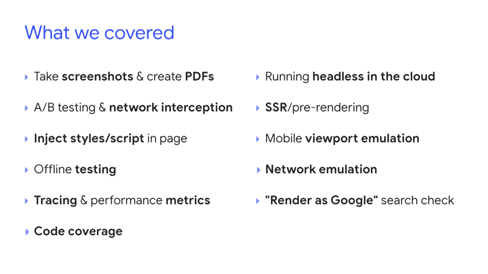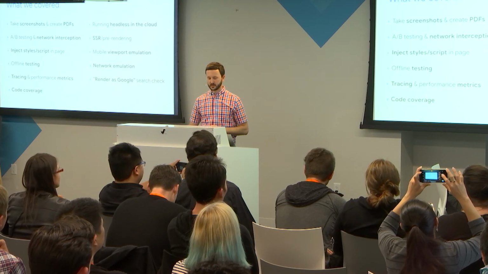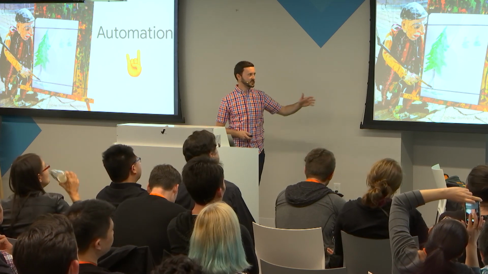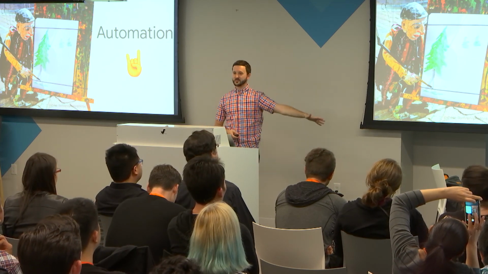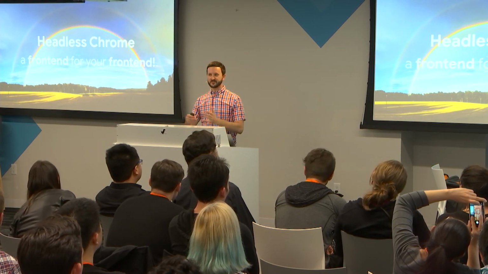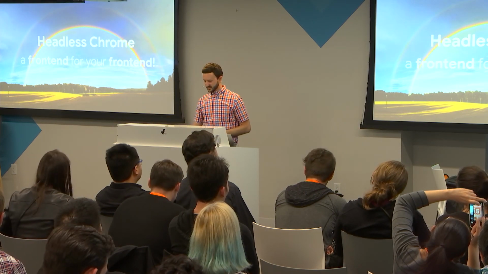Headless Chrome in the cloud, server-side rendering your single-page applications using Headless Chrome. Render is Google, the sanity check to make sure your app is hopefully going to render correctly in the Google search bot. Network emulation, viewport emulation, just a ton of stuff. So hopefully it's all about automation. That's the name of the game. It's not about testing. Chrome can literally be a front end for your web's front end, as you saw in the server-side rendering case.